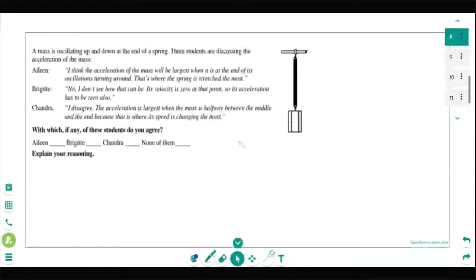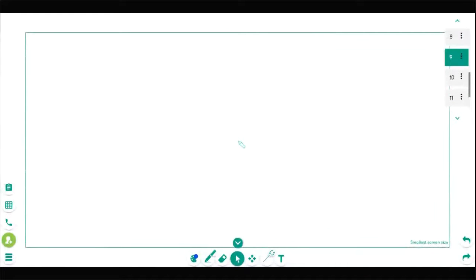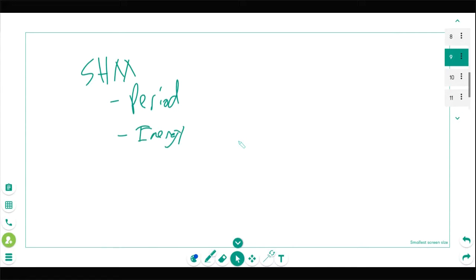For simple harmonic motion, basically the stuff you need to know, doing it real quick: you need to know your period stuff, so looking up the period for a pendulum and a spring. You need to know how to do energy and apply it to that specific position.